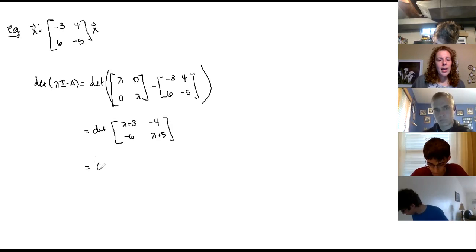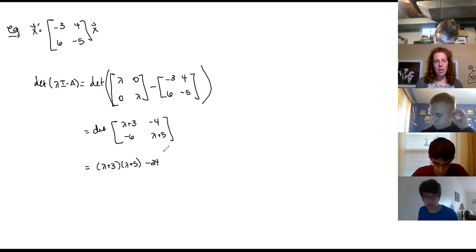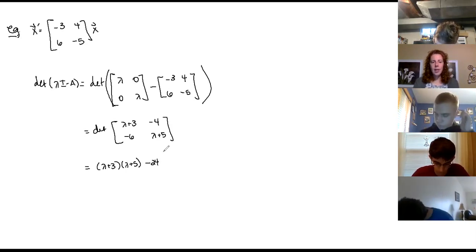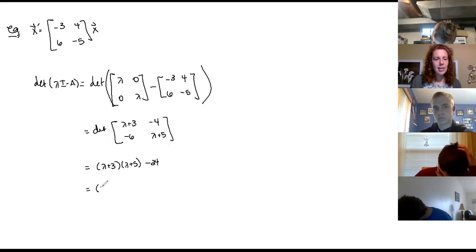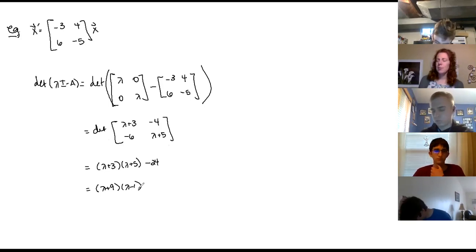It ends up equaling lambda plus 3 times lambda plus 5 minus 24. I am going to trust that you can multiply and then FOIL this again. So this ends up being lambda plus 9 times lambda minus 1.